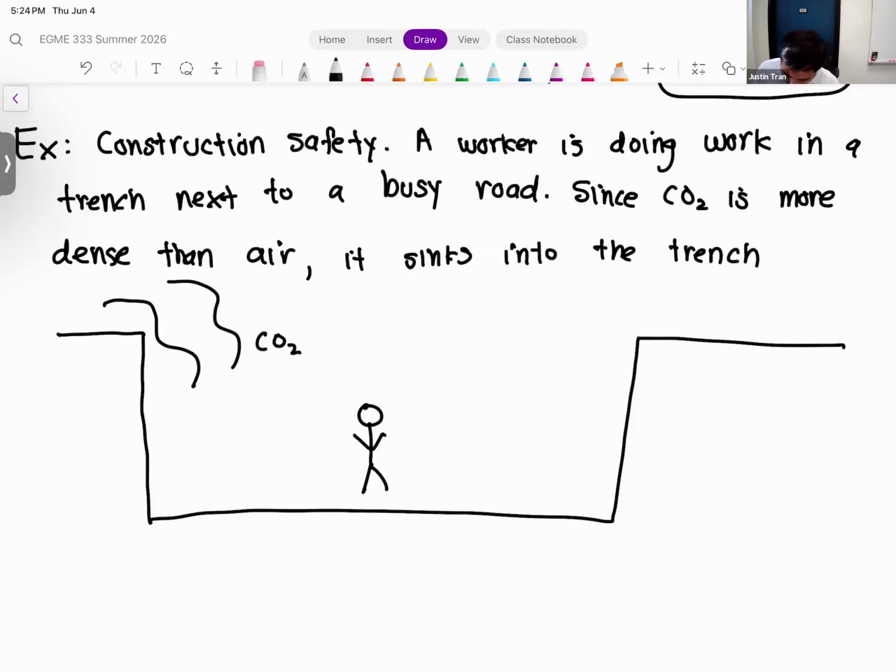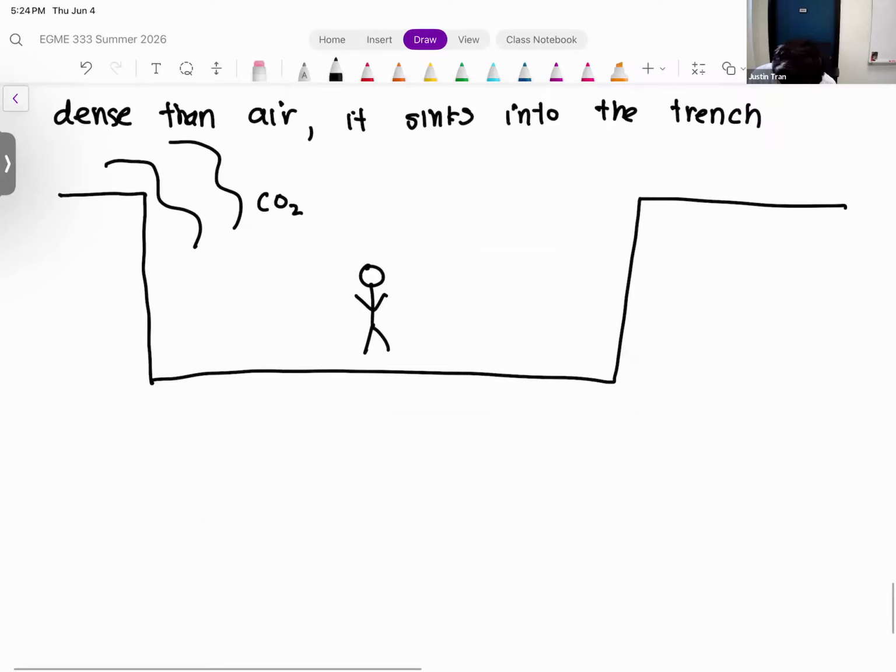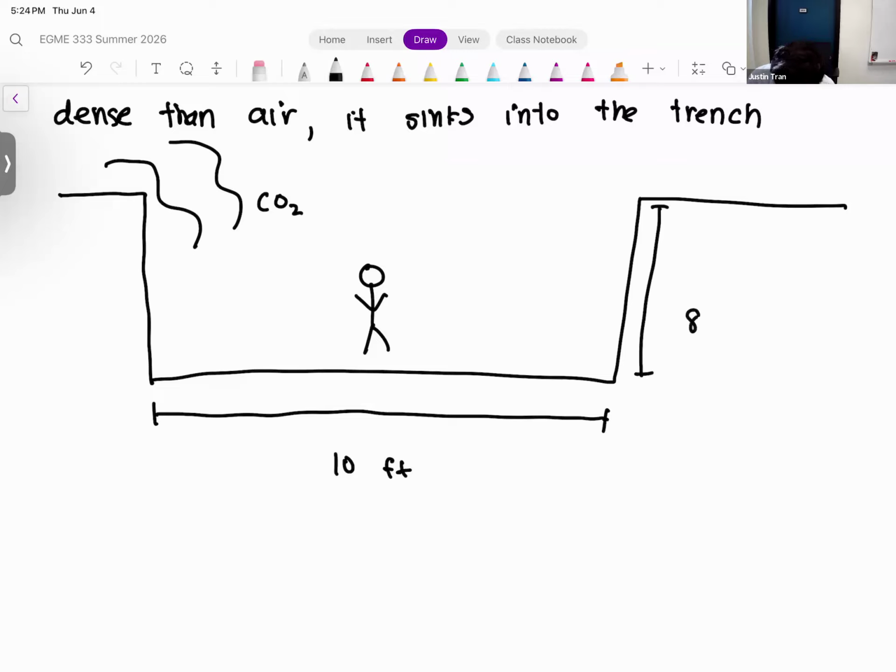All right, so let me give you some dimensions here. Let's say that our trench is 10 feet wide. Let's say it is 8 foot tall. And let's say into the page, the depth we'll say is 5 feet.